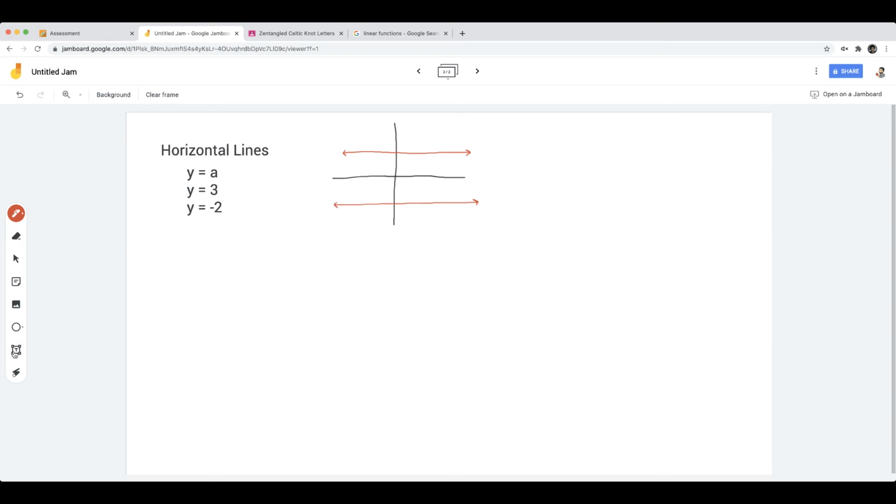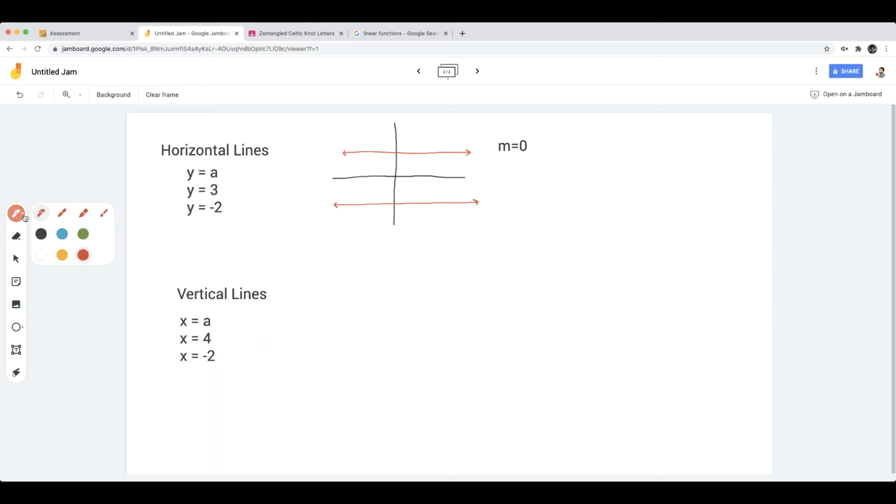All right. Now vertical lines. And remember that for slope on a horizontal line over here, the slope is equal to 0, right? For vertical lines, the equations will be x equals some number. So x equals, let's say, 4, or x equals negative 2.